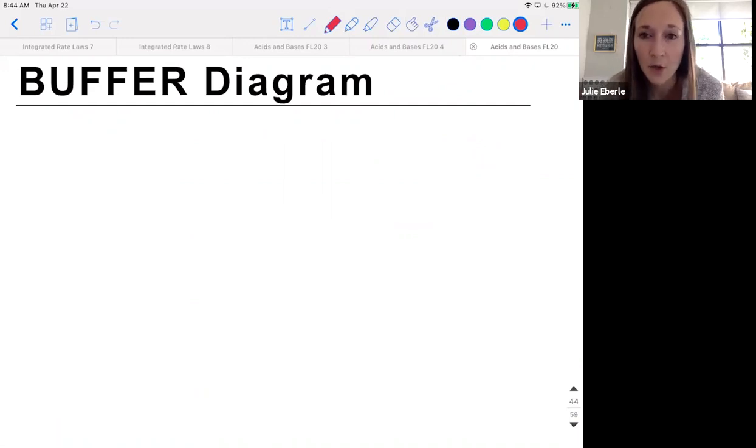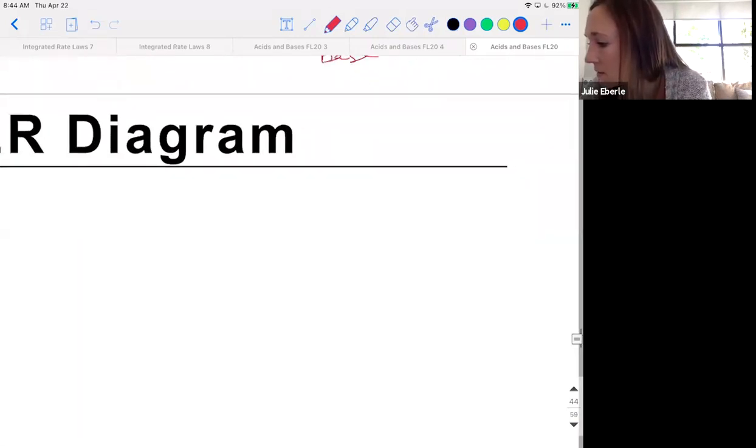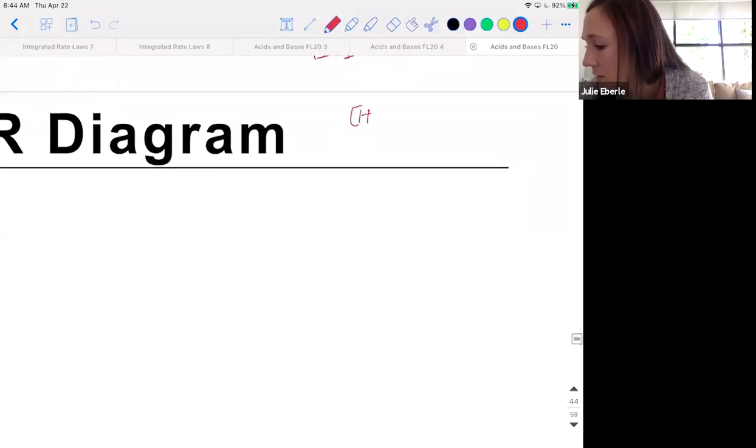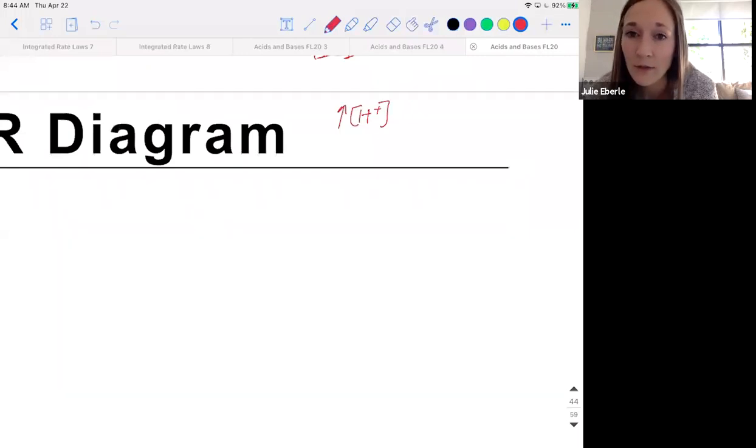That's right. Acids generate H plus in solution. H plus lowers pH. I'm going to write this right up here and zoom in. The concentration of H plus affects pH. The more H plus you have in solution, the higher its concentration, the lower pH goes. What about OH minus?